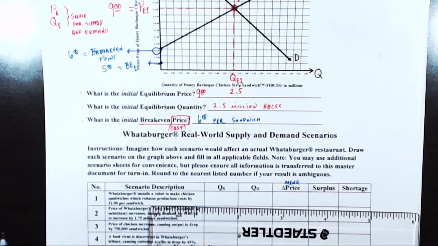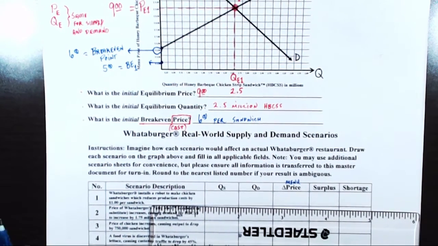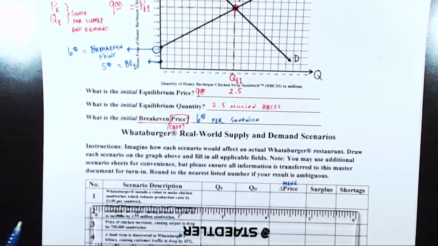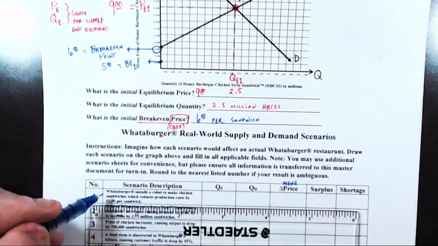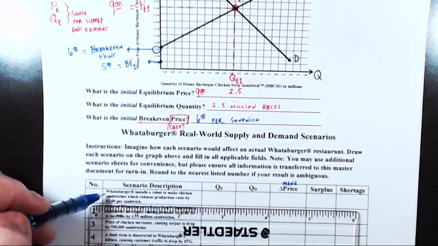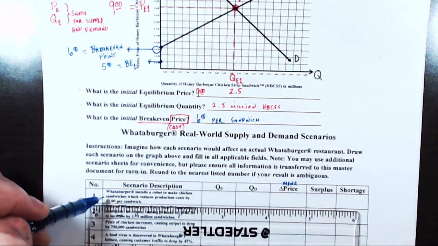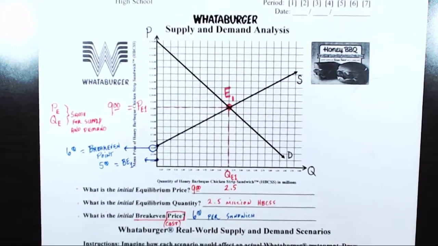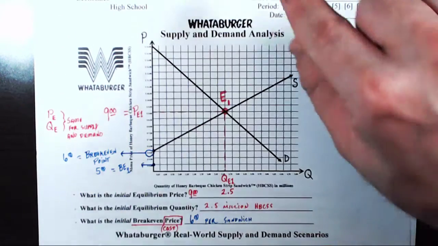Another thing that we have to remember in economic analysis is that everything else stays the same except for the thing I'm changing. The Latin phrase is ceteris paribus. Assuming all else stays the same, just change this thing. So we're going to change one thing and see the effect that it has on the graph.